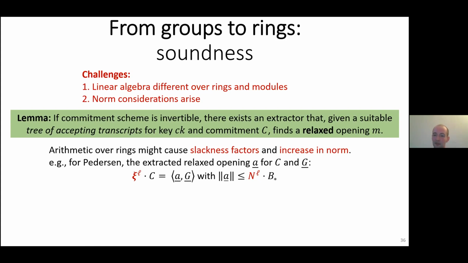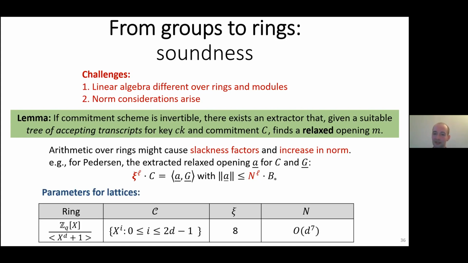And if the prover's message was supposed to have norm less than b, then it could be that the knowledge extractor can only find an opening message which is still quite small, but just has a bigger norm than what the honest prover started off with. So there's this gap between what the honest prover uses and what the knowledge extractor can get.